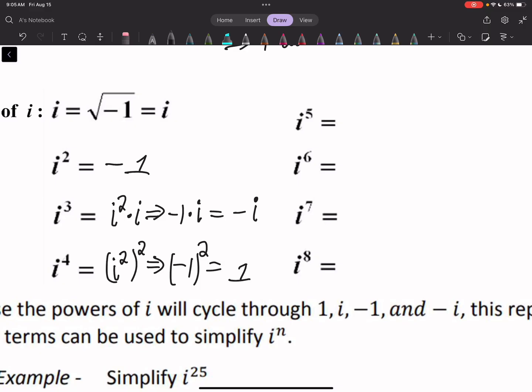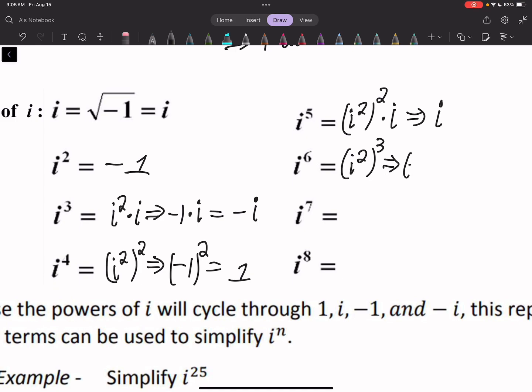i to the fifth, i squared, squared times i. This is 1 times i, or just i. i to the sixth is i squared to the third.